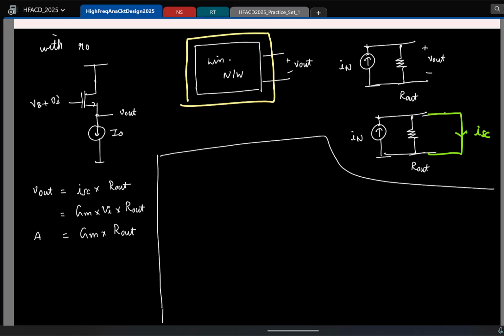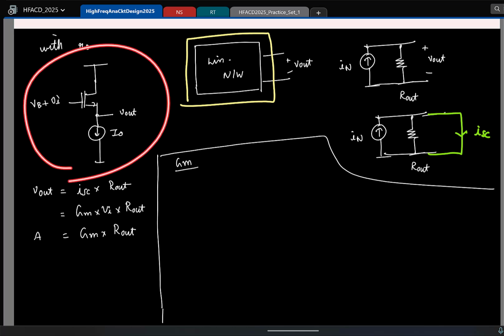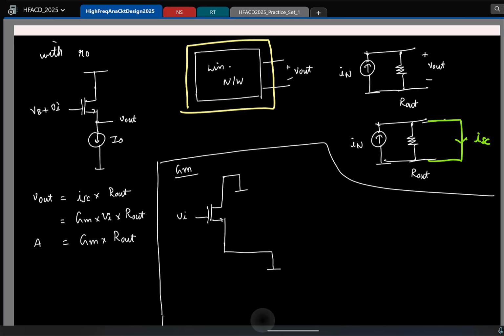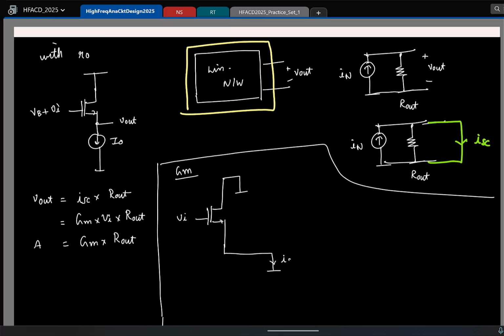So let's quickly do it for our circuit. Let's say I'm trying to find the short circuit Gm. I'm drawing the incremental equivalent of this. So the drain is shorted. I have the MOSFET, small signal Vi applied. What do I do to the output? I'm trying to find the short circuit Gm, so I'll have to short circuit the output. I'm short circuiting it, and I'm interested to find the short circuit current.